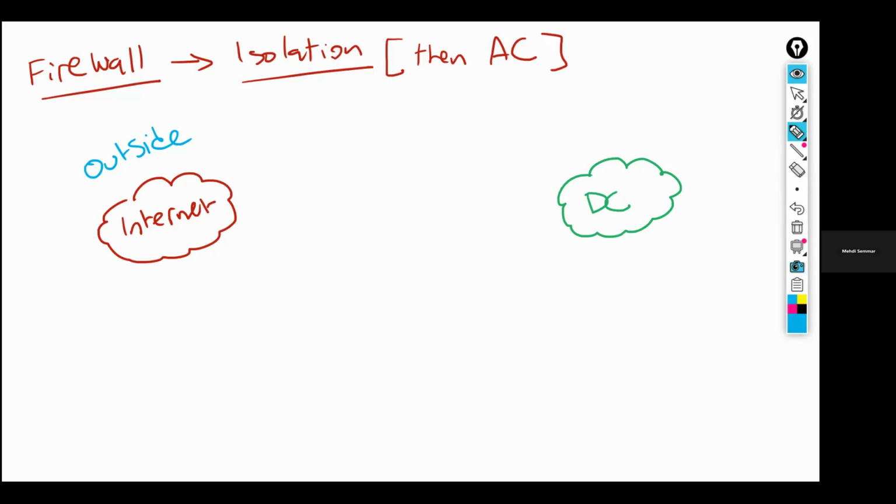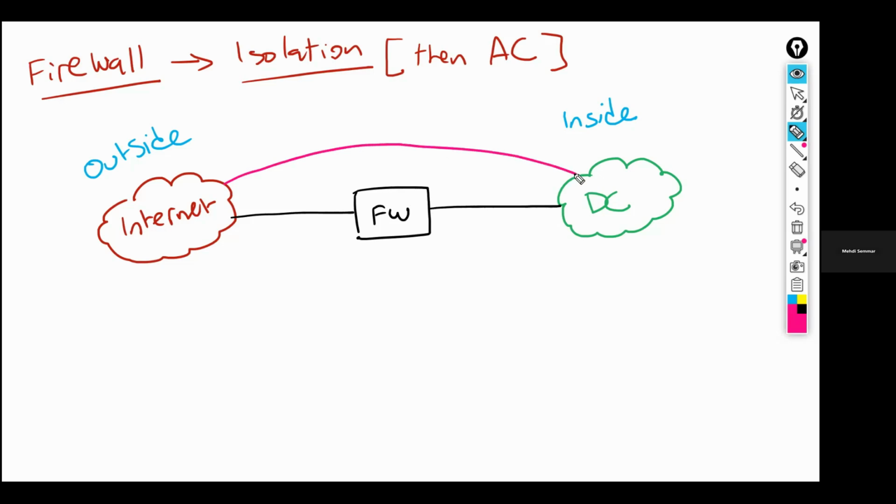This is called by some vendors the inside network, and some others call it the internal network. Now, if you put a firewall, the firewall will always isolate the 2 areas or the 2 zones. So whenever you have traffic trying to flow between them, it will be controlled by the firewall.